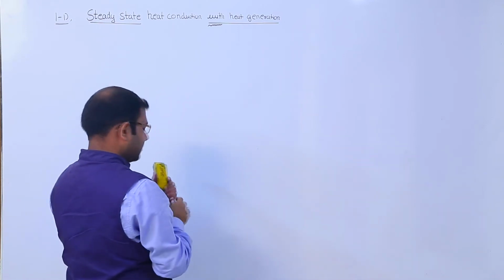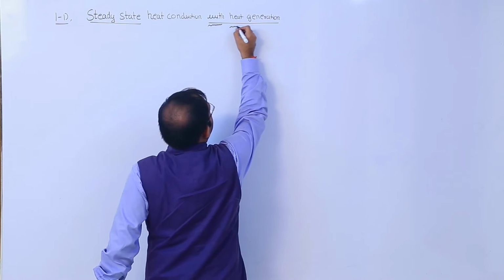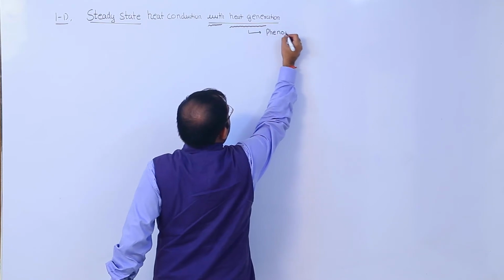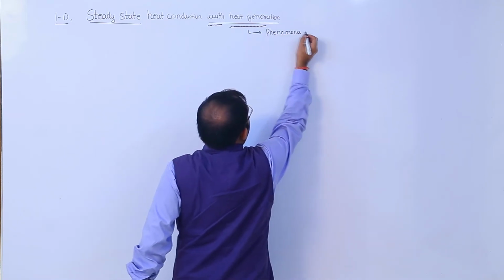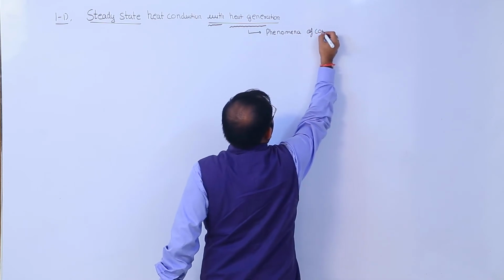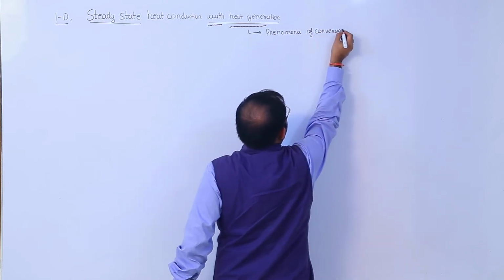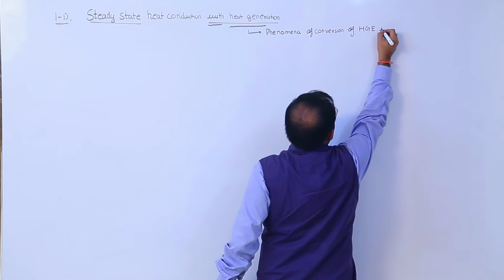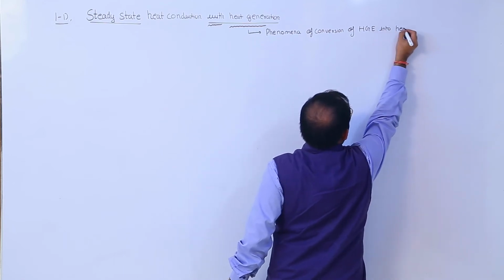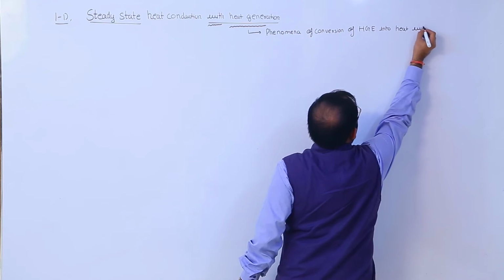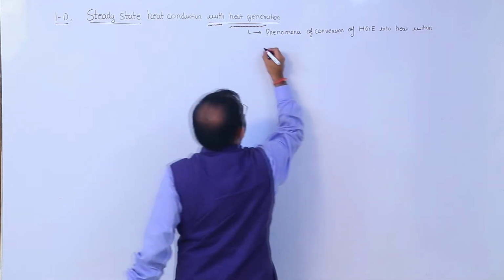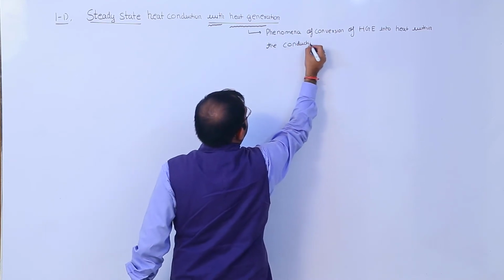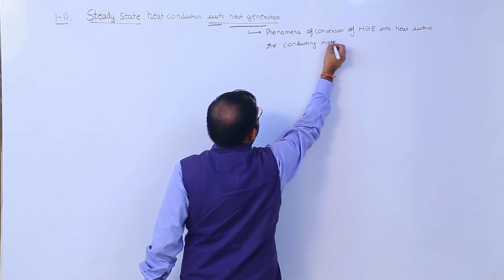So we can say that heat generation is a phenomenon of conversion of high grade form of energy into heat within the conducting material. Fine.